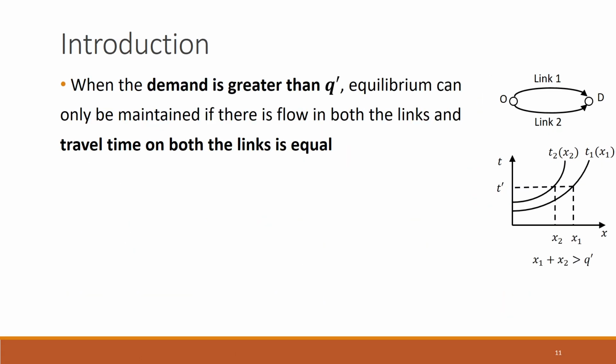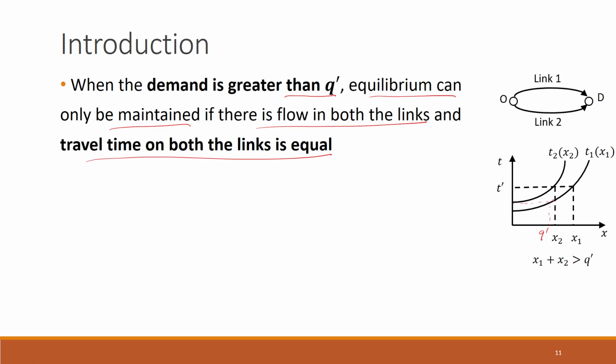Let us now go to another case where the demand of people who want to go from O to D is greater than Q dash. Here the equilibrium can only be maintained if there is flow on both the links and the travel time on both the links is equal. You cannot afford to have everyone stay on link 1, because of that Q dash.